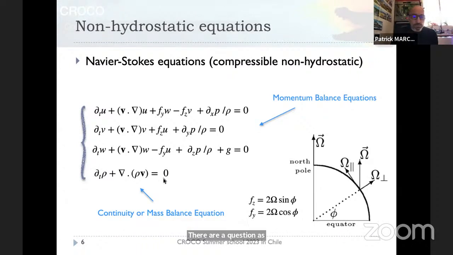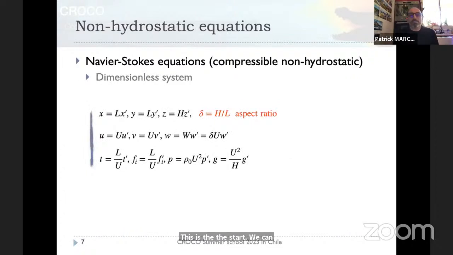The fourth equation is a continuity or mass balance equation that conserves the mass as opposed to the momentum. And with these four equations, we have a system of equations called the Navier-Stokes equations. This is the start.